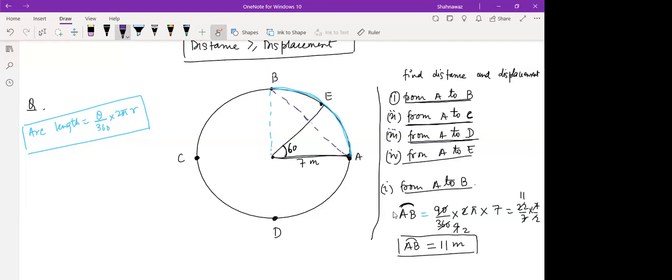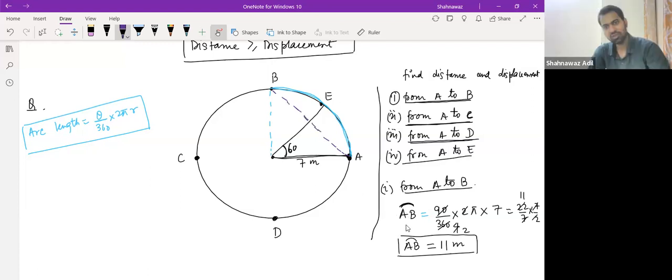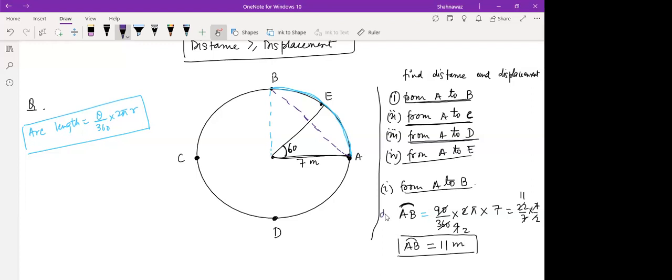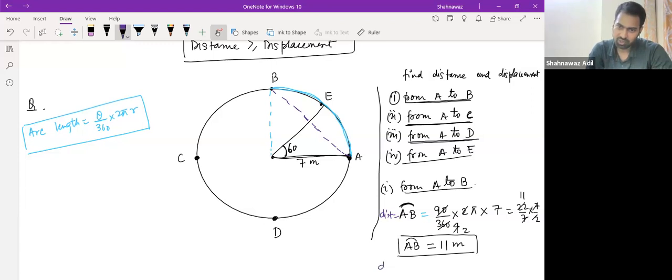Yes, sir. So Rishita, you tell me how we will calculate this line AB. So Pythagoras theorem. Absolutely correct. So displacement, which is AB, and we will use the Pythagoras theorem.